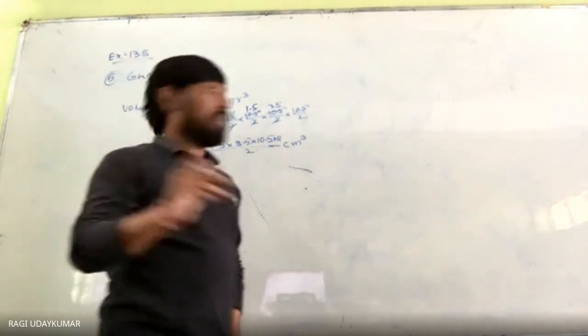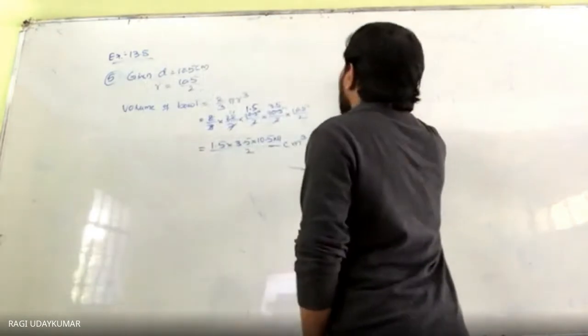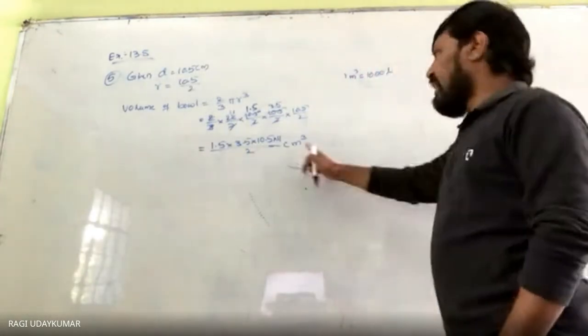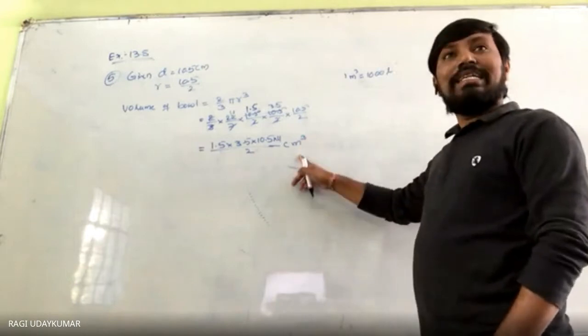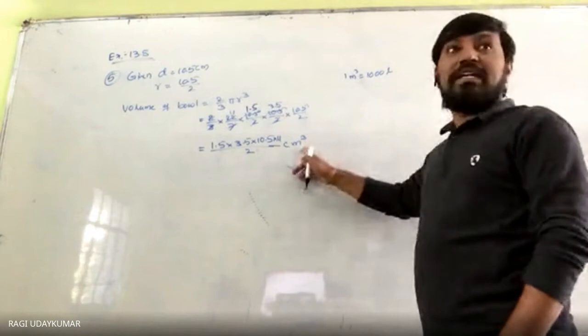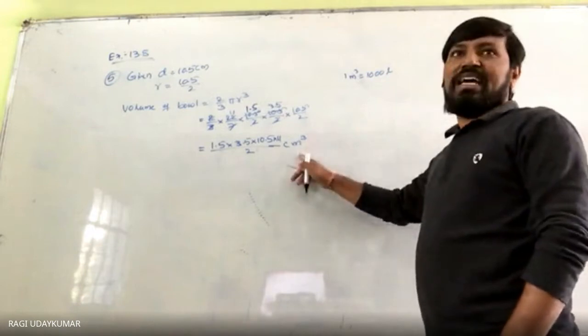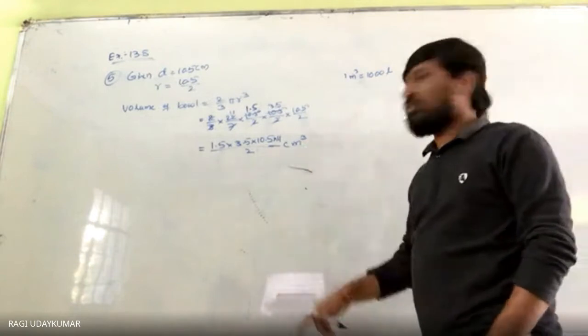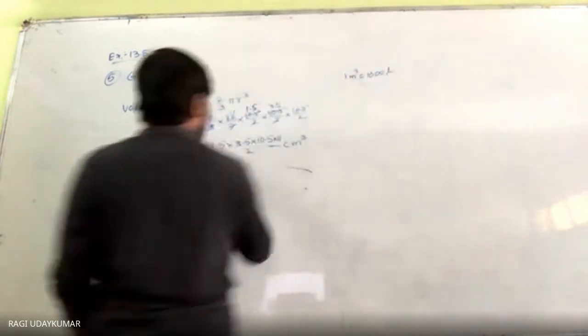Do remember this one. 1 meter cube is equal to 1000 liters. Suppose it is in meter cube and you want to express in liters, then multiply by 1000. This is in centimeter cube, so it will come in milliliters.